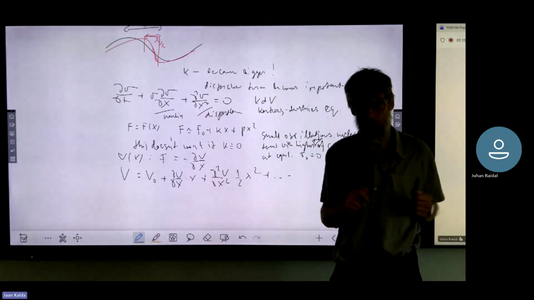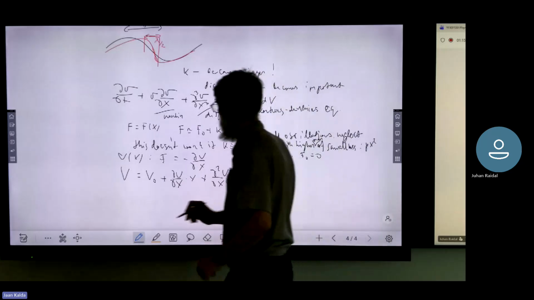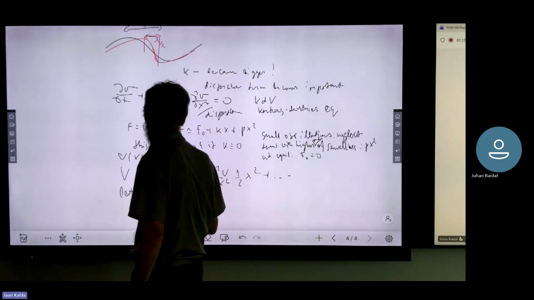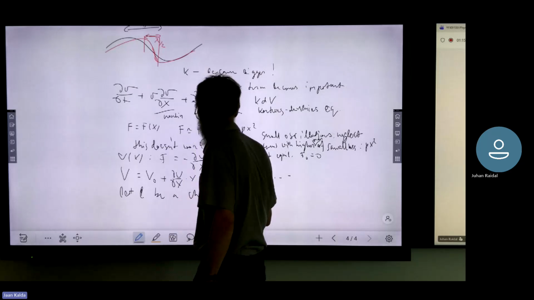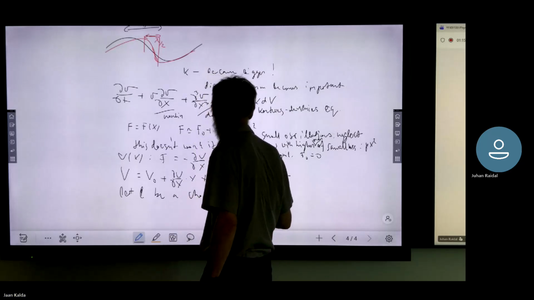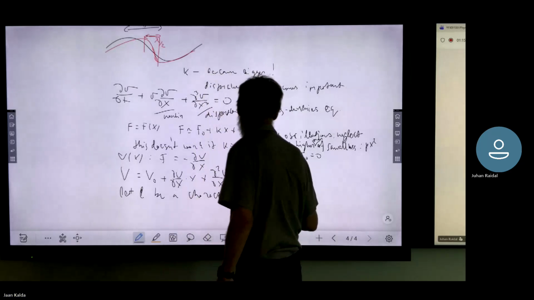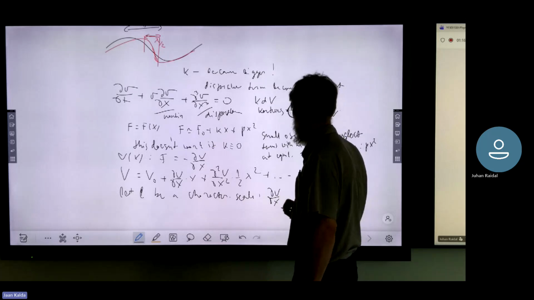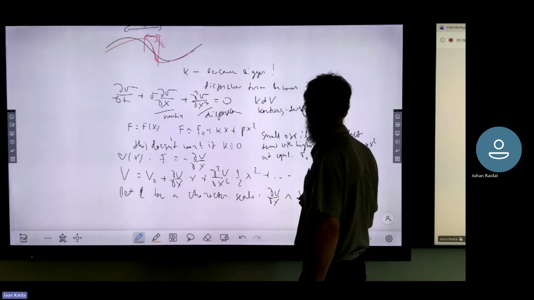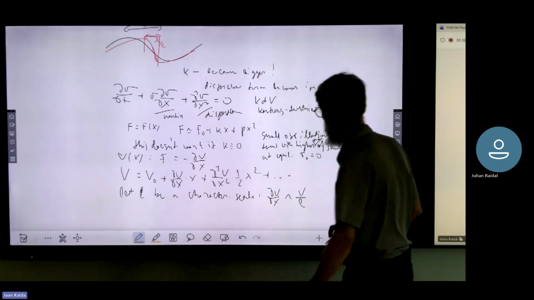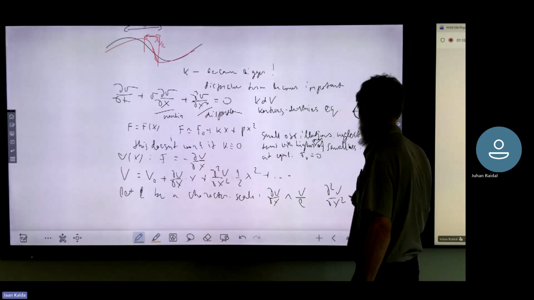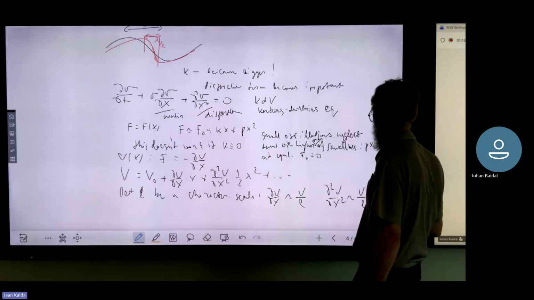If we have a certain characteristic scale L, let L be a characteristic scale, then dV over dx is of the order V over L, d squared V over dx squared is V over L squared, and so on.